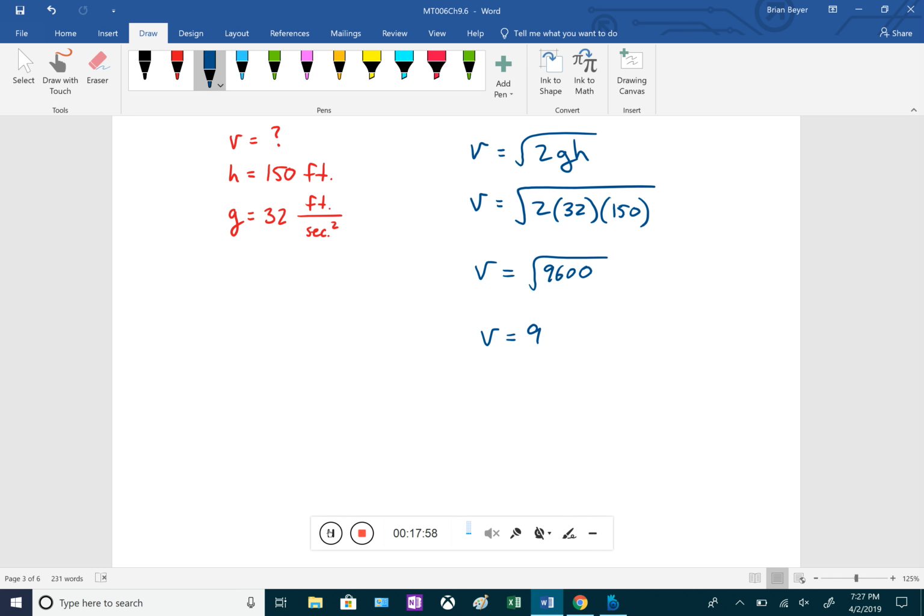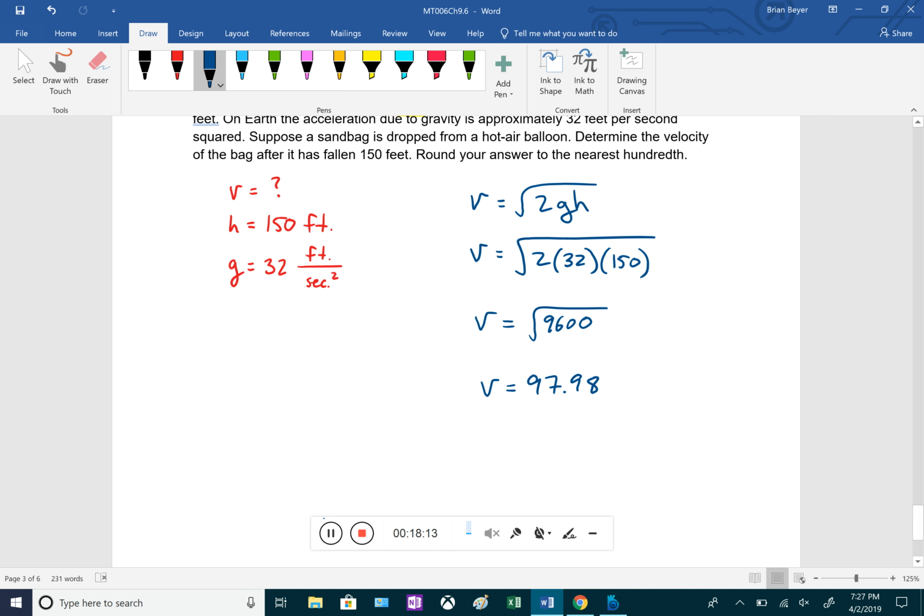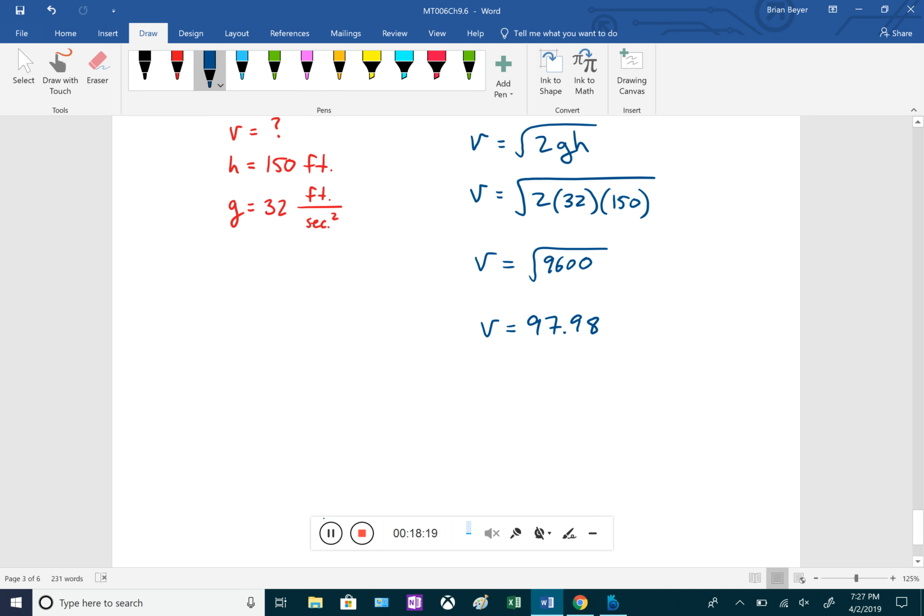To the nearest hundredth, it would end up being 97.98. So the velocity after it's fallen 150 feet to the ground on Earth would be 97.98, and the units would be feet per second here.